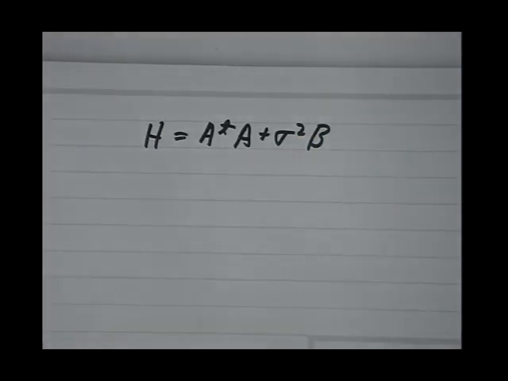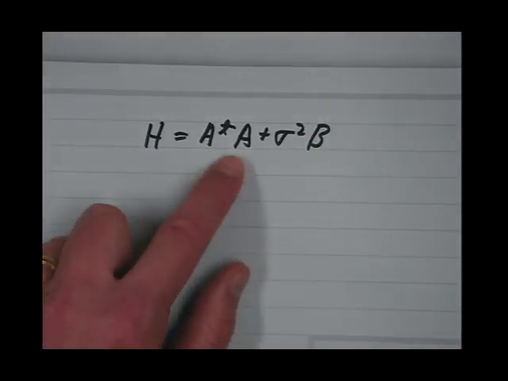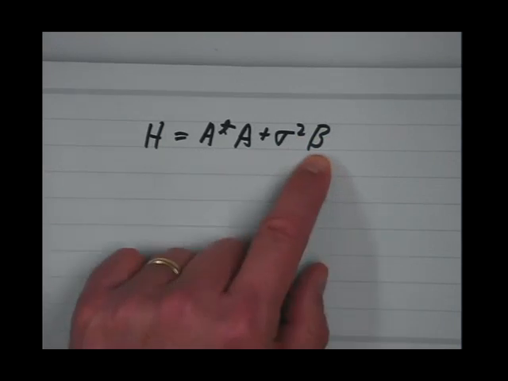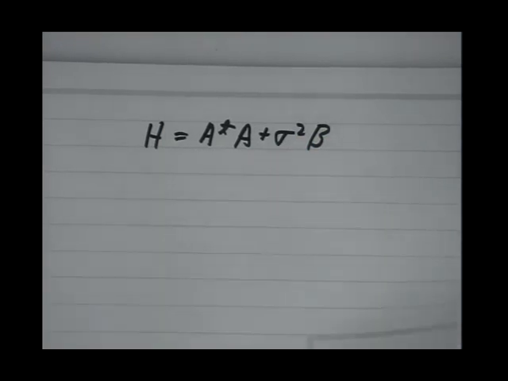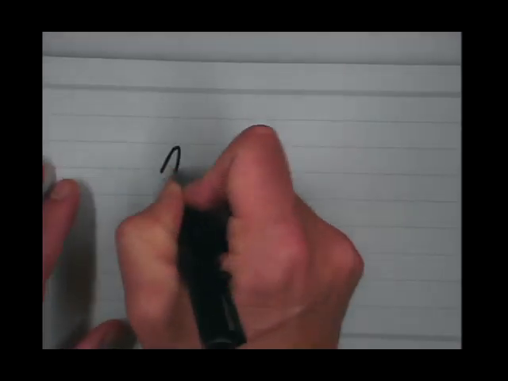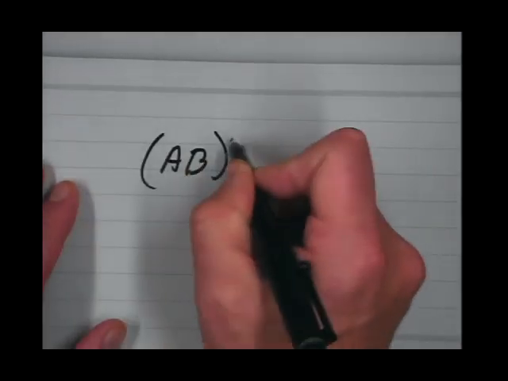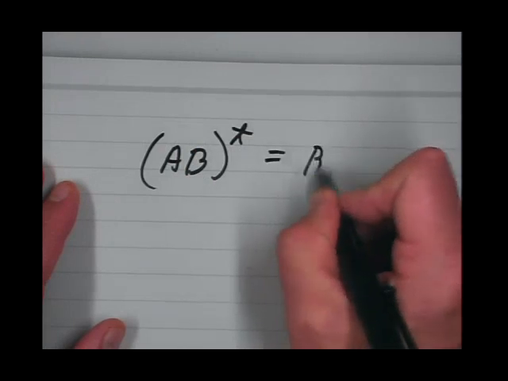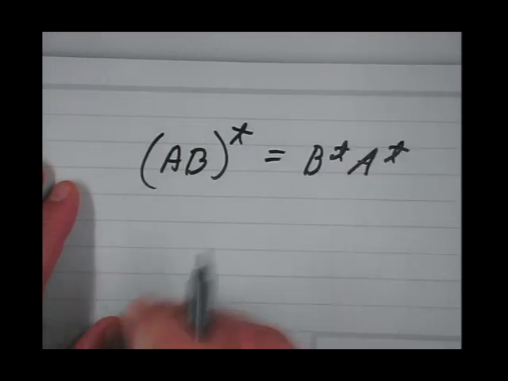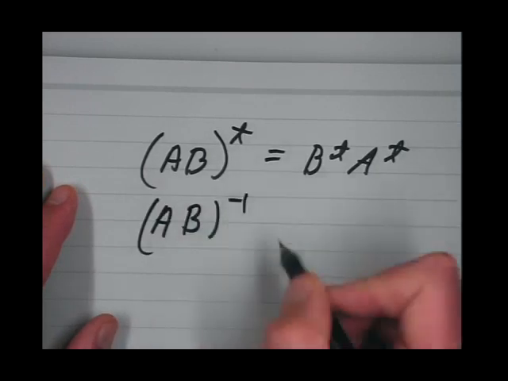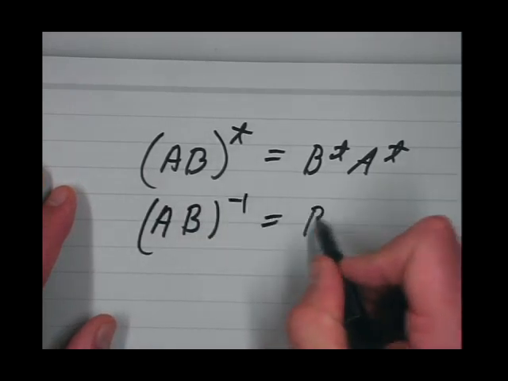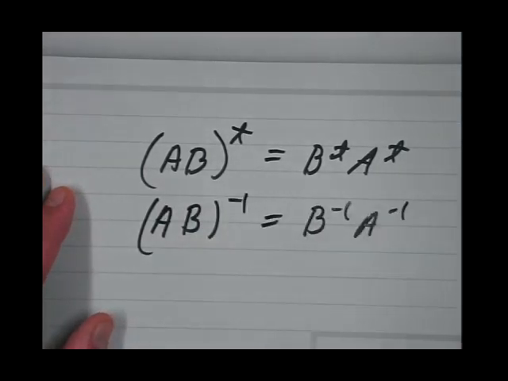Why is it symmetric? It's symmetric because if I take its transpose, this is symmetric, right? And by the way, if you have (AB) transpose, that's equal to B transpose A transpose, right? And if you have (AB) inverse, that's equal to B inverse A inverse, assuming those quantities exist.